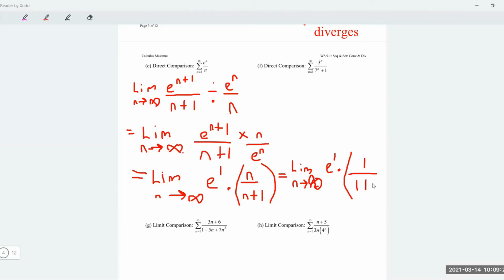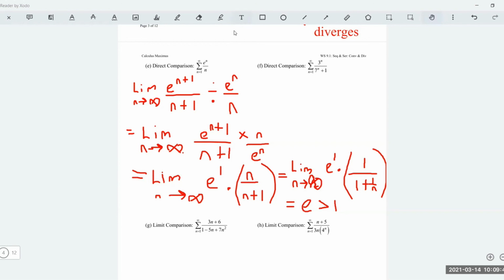Plugging in n as infinity, 1 over infinity is 0, so we get 1 over 1. So you get e times 1, which is e, but always remember e is 2.71, which is greater than 1. And so this diverges, by D'Alembert's ratio test or by direct comparison.